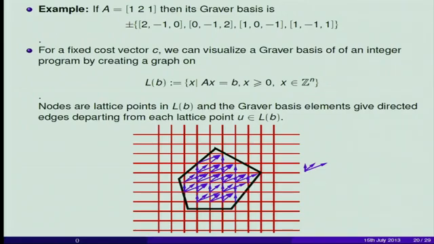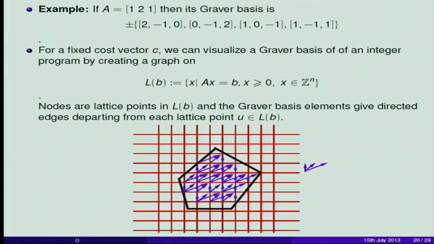Here's an example. Take my matrix A to be (1, 2, 1). So that's a 1 by 3 matrix. And there are 8 elements in the Graver basis, 8 of them. You can check that these vectors that I have here and the negatives of these vectors are in the kernel of the matrix. If you multiply these with this, you get 0.